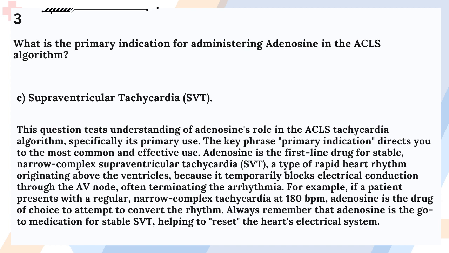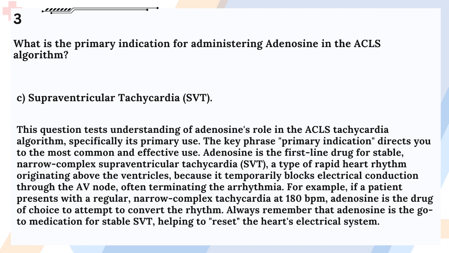This question tests understanding of adenosine's role in the ACLS tachycardia algorithm, specifically its primary use. The key phrase, primary indication, directs you to the most common and effective use. Adenosine is the first-line drug for stable, narrow-complex supraventricular tachycardia, SVT, a type of rapid heart rhythm originating above the ventricles, because it temporarily blocks electrical conduction through the AV node, often terminating the arrhythmia.